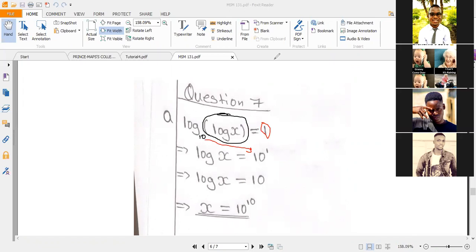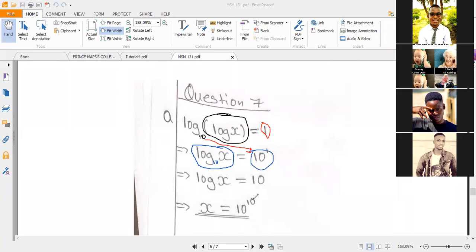So this, which was the argument, is now the answer. At that point, again, we proceed. It has the base 10. So we maintain the base, which is 10, and raise it to the power of what was your solution.